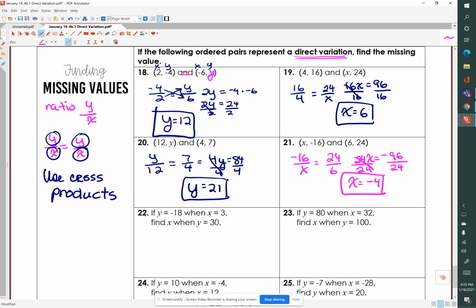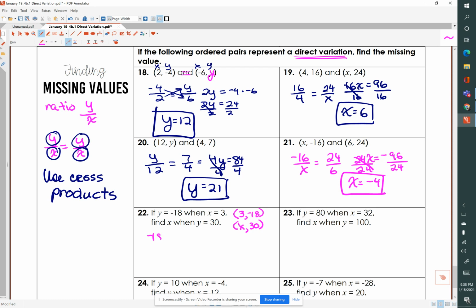Number 22, be careful when you read these, the language. If y equals negative 18 when x equals 3, this is what we're talking about. X is 3, y is negative 18. Find x when y equals 30. That's what they're giving us.